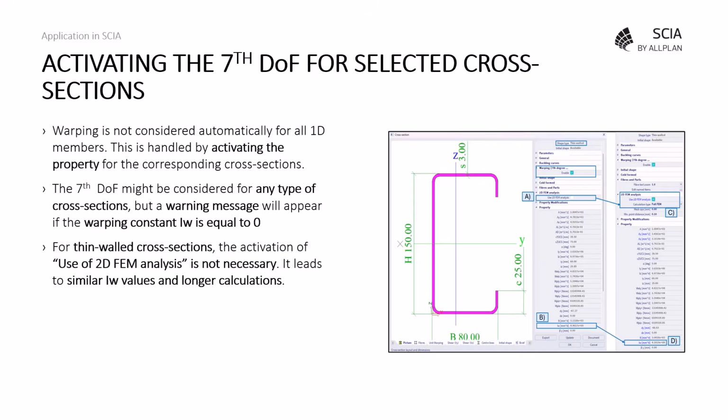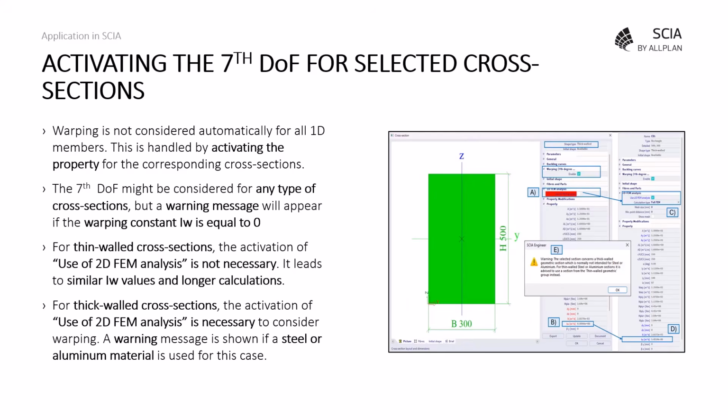As for the thin-walled shapes, it is not necessary to use the 2D FEM analysis because basically if we check it or uncheck it, the IW, the warping constant, is very similar. And if we use 2D FEM analysis, this will make the calculation a bit longer, so you can keep it as by default with this option unchecked.